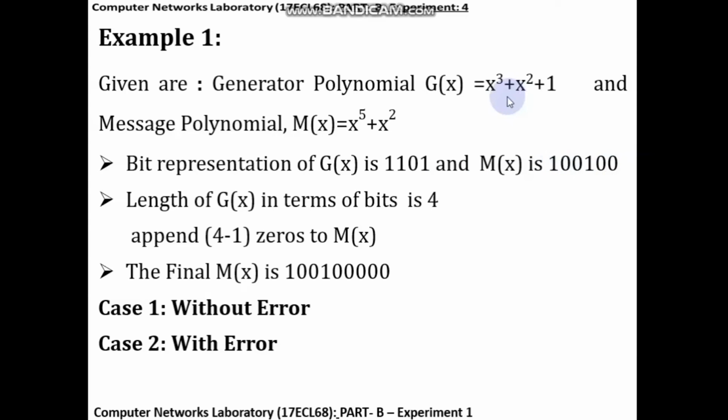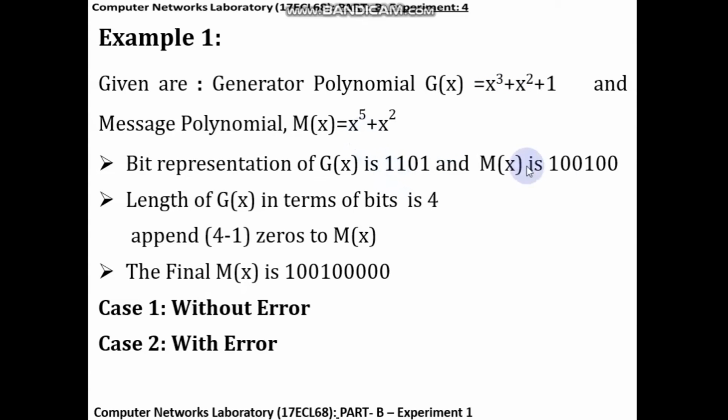We can observe here g(x) consists of 3 terms, and here we have 4 bits. This one is for x raised to 0, that is 1, and the x raised to 1 term is absent, that will be represented by 0, and the x square term is there, that's why here 1, and x cube is also there, that's why here it is 1.